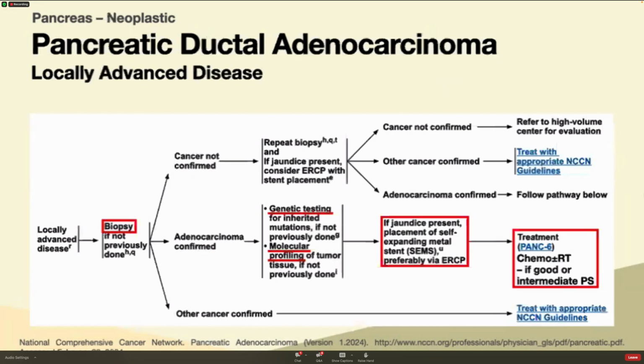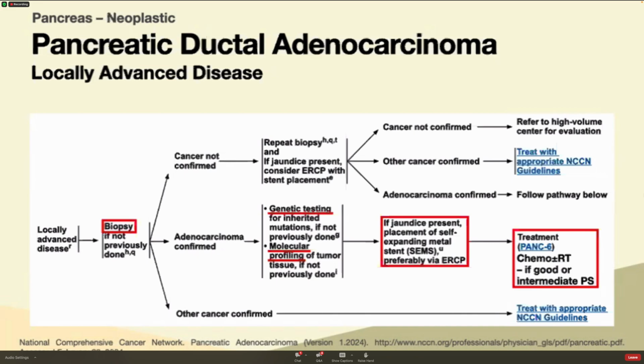For locally advanced disease, of course, the patient would need a biopsy, and as much as possible, molecular profiling of the tumor should be done if the patient can afford it. And if the patient is jaundiced, refer the patient for biliary drainage in preparation for chemotherapy.